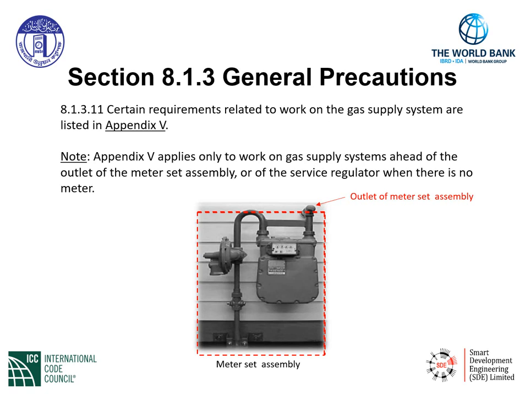As indicated in the picture, the outlet of the meter set assembly appears on the right-hand side. If there were no meter, then it would be at the outlet of the service regulator. Appendix V is very clear about where the work begins with respect to the requirements of this code.